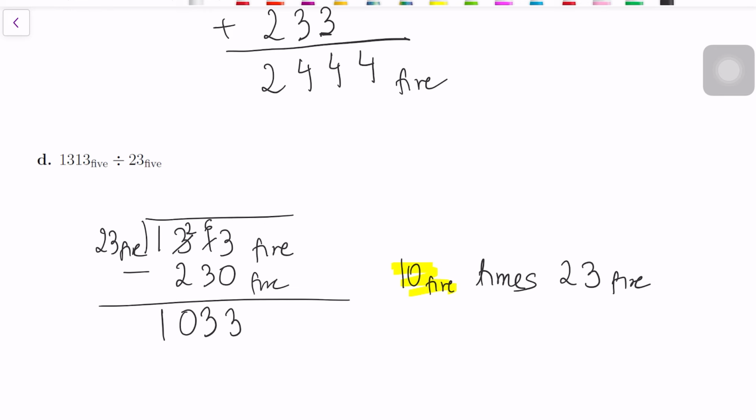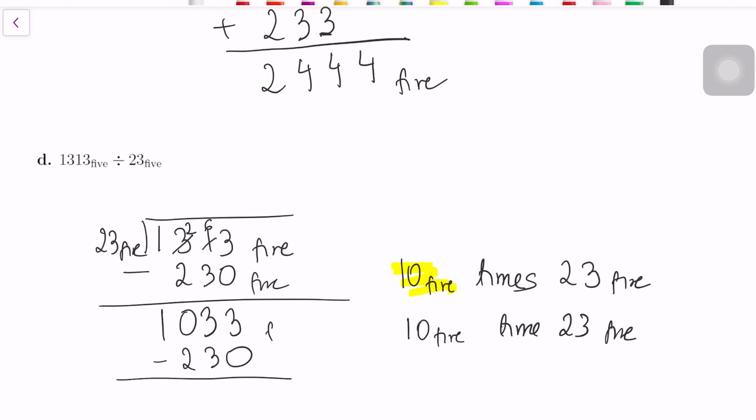Okay, so now let's fit again 10 times 23, because that's just 230. Maybe I could have gone with a bigger number to begin with, but remember I'm not sure how many times. I always start with just 10 times.